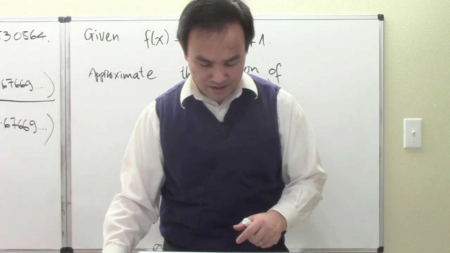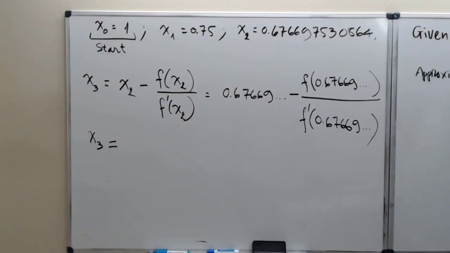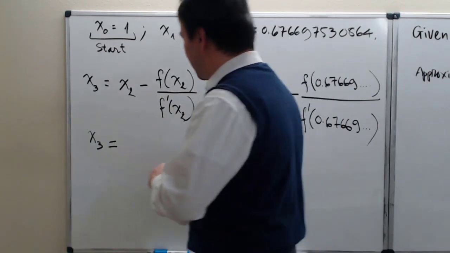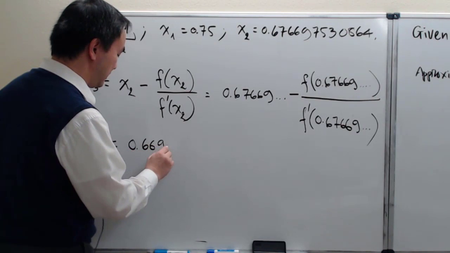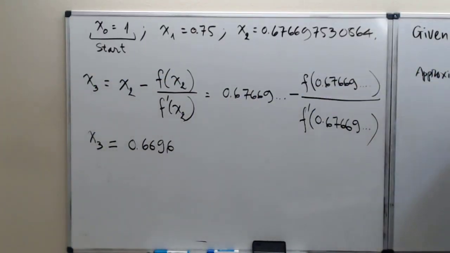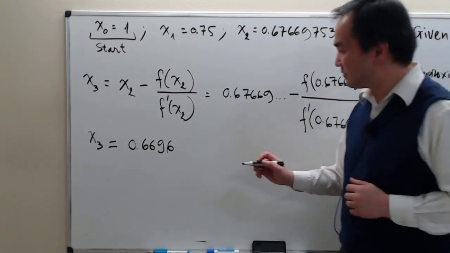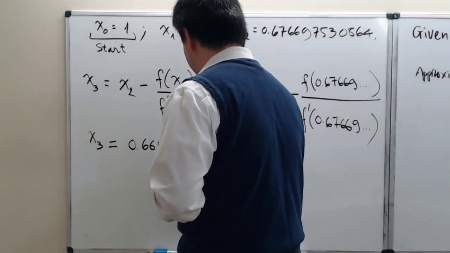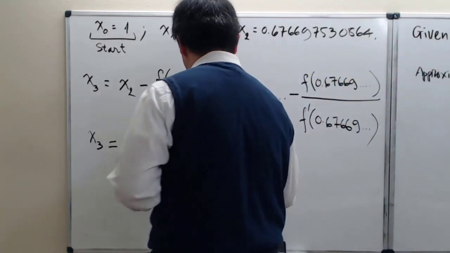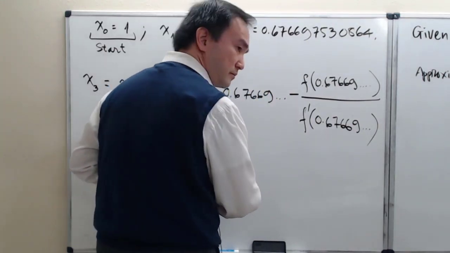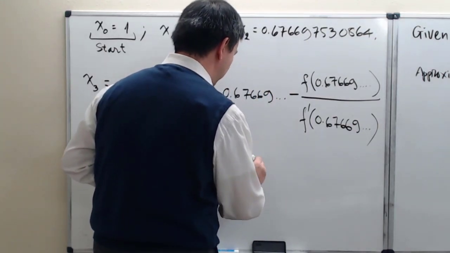All right, and again I might have to hop back and forth a couple of times. So my value turns out to be, for x3, 0.6696944 75 874, and a lot longer.